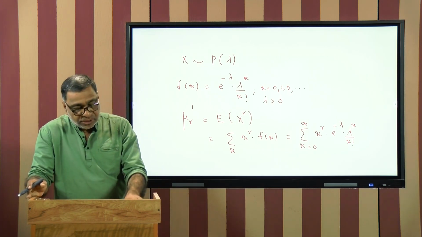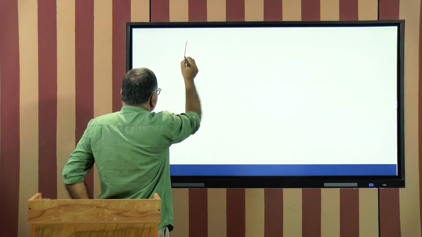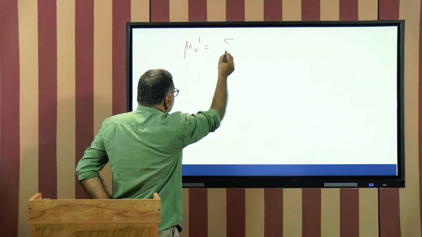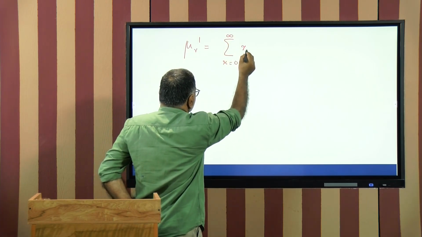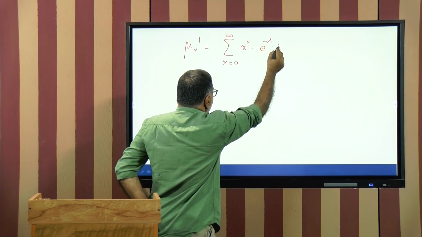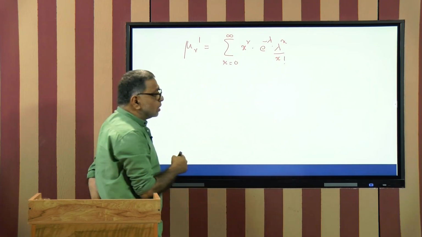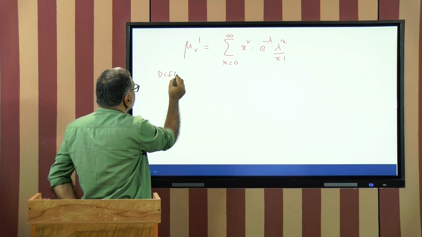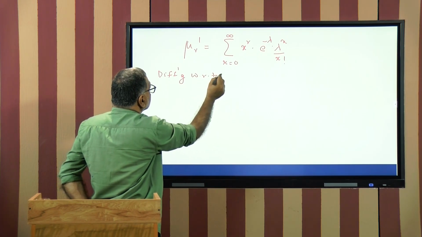Next, we have mu r dash equal to sigma over x is equal to 0 to infinity x power r e power minus lambda, lambda power x divided by x factorial. We are differentiating this expression with respect to lambda.